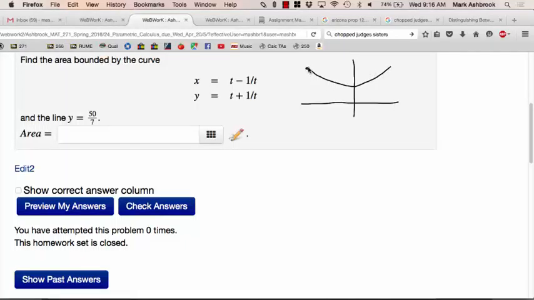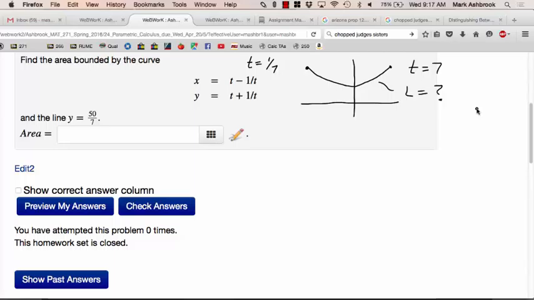So this was t equals 1/7 and t equals 7. And so we're interested in what's the length of that curve from there to there? Again, it's going to be the exact same approach as before, but we just need to adjust it for the fact that we're dealing with a parametric function in terms of t.